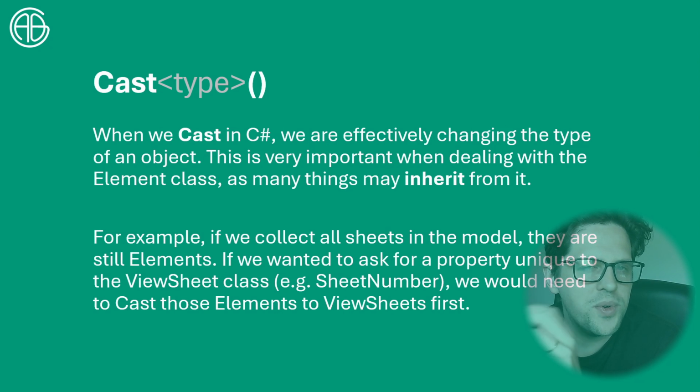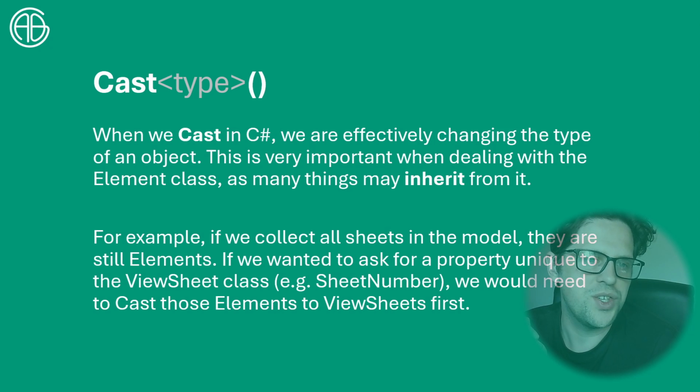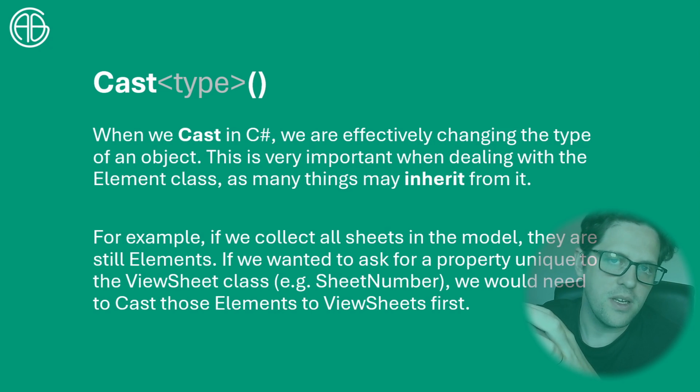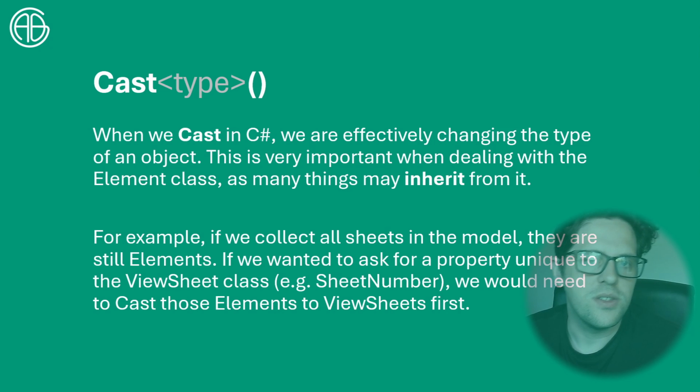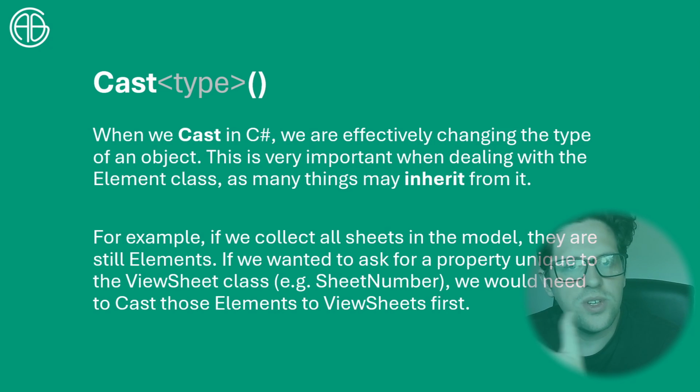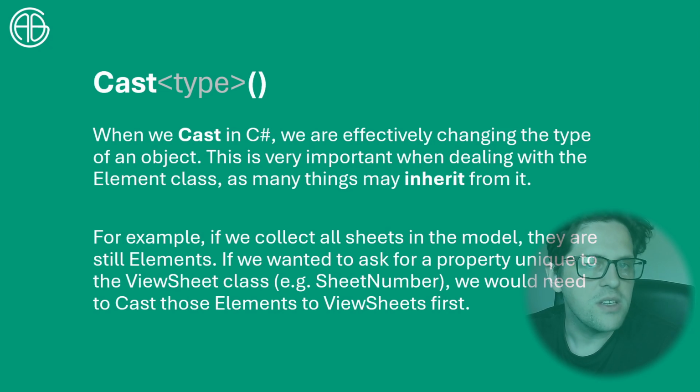Casting is a really important concept that we haven't really touched on too much yet. But when you cast an object in C#, you're effectively changing its type or attempting to change its type. So this is really important with the Revit API because as we learned earlier, inheritance is commonly used. A lot of classes belong to other classes and can be represented by either of those classes. For example, views can be elements, sheets can be elements, a lot of things can be elements.